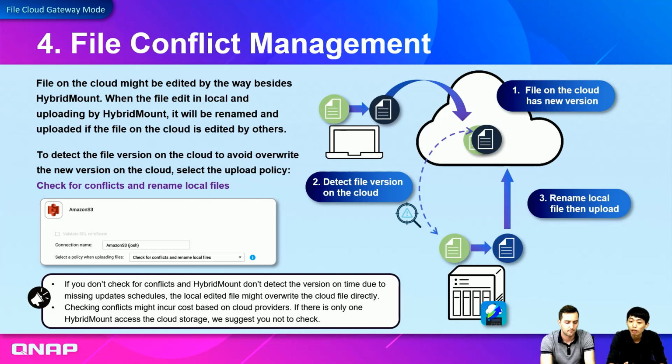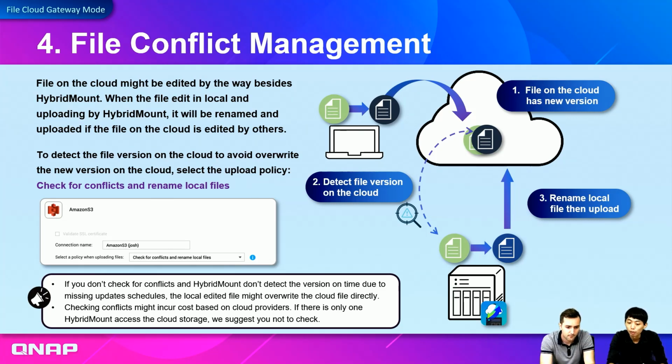So when a file is added locally and uploaded by HybridMount, it will detect if there is a new version on the cloud. If we know that there is a new version, then we will rename the local file and then upload this local file. And you need to go to the edit page to set up this upload policy to choose the check for conflict and rename local file.